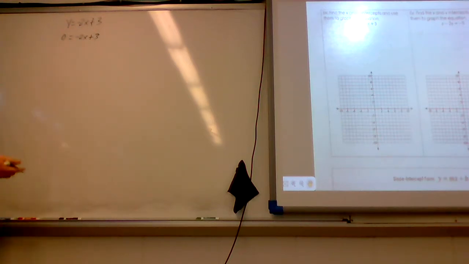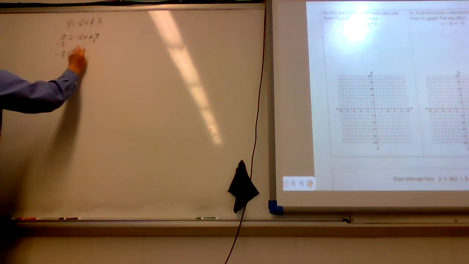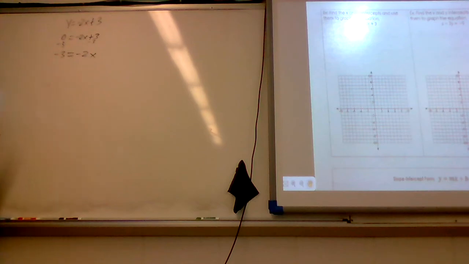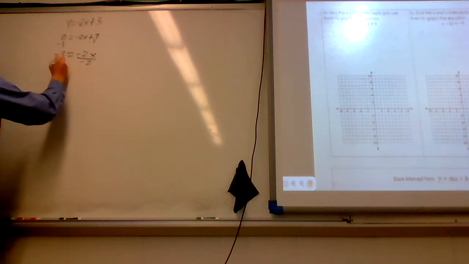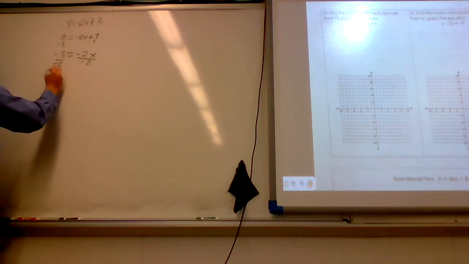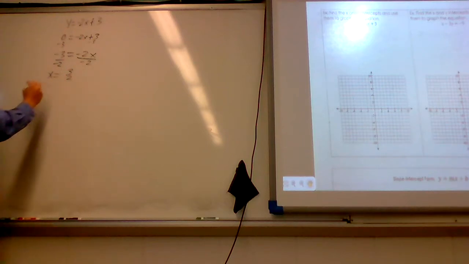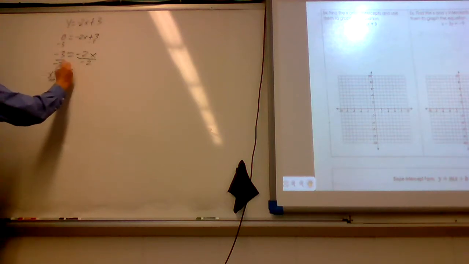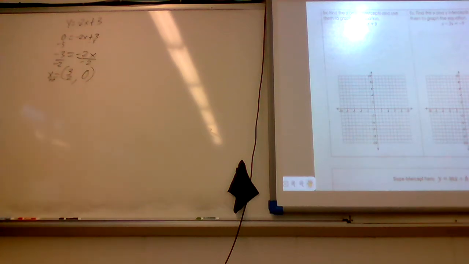So to solve for x, we want to subtract 3. So we have -3 equals -2x. Then divide by -2. x equals 3/2. And again, this is our x-intercept, so it's going to be the point 3/2, 0.